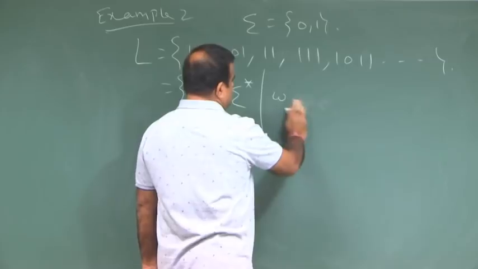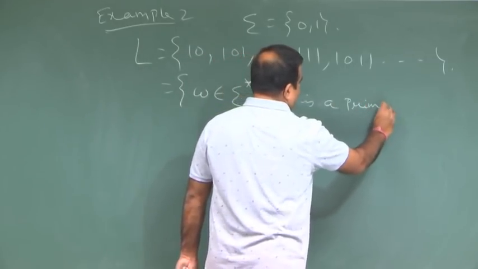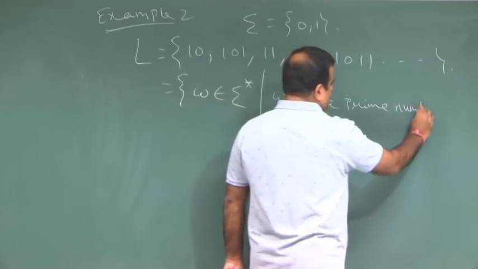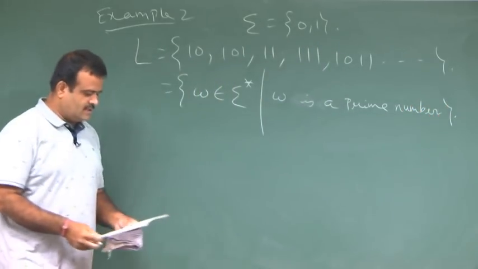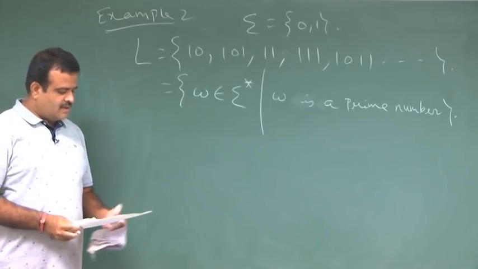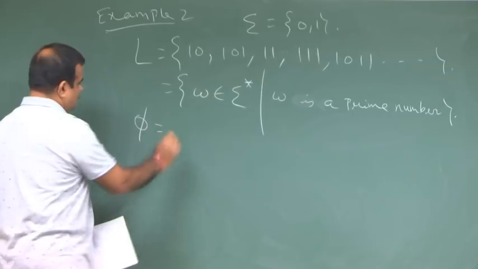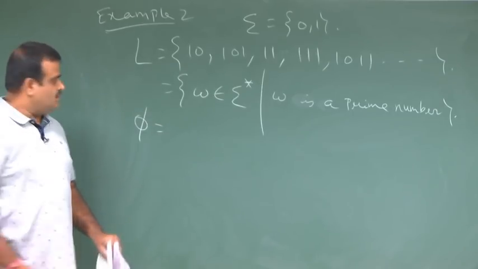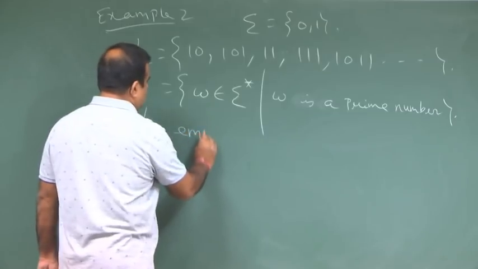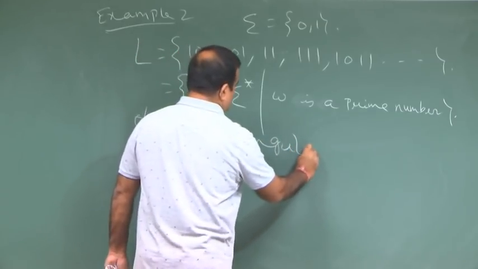W is a prime number in value. Okay, that is the meaning of that. And phi is the empty language.